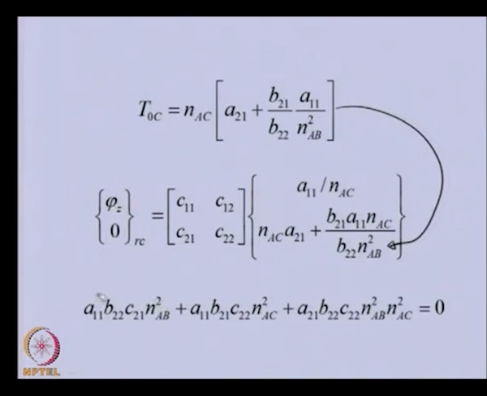They are containing only the terms related with the overall transfer matrix of branch A, B and C and the gear ratio. So, these transfer matrix coefficients are functions of omega. So, this is a frequency equation basically, and we need to solve this using some kind of numerical technique which we have already explained earlier.